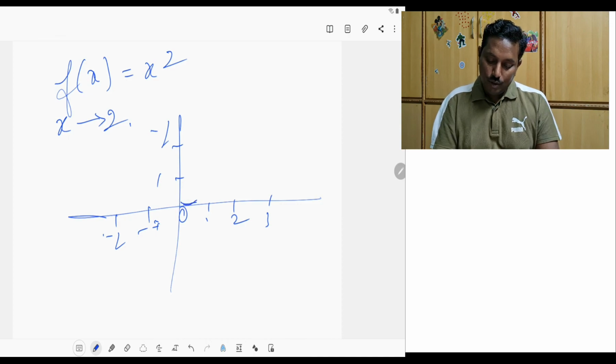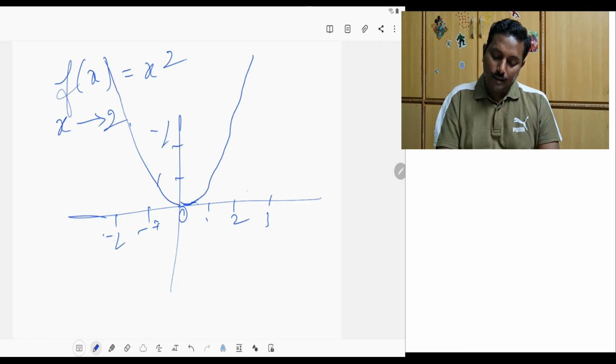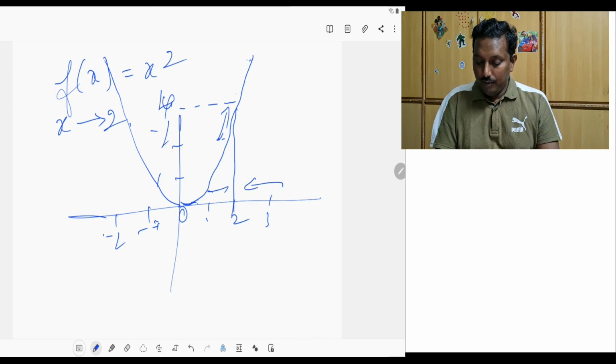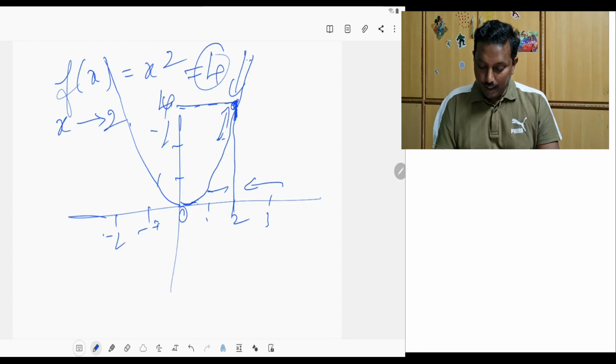So this goes up like this, 2, 4. As it approaches 2, the value would be somewhere around 4 here. From the left hand side and from the right hand side, for both the limits the value approaches 4. So the limit as x approaches 2 would be 4 for this function.